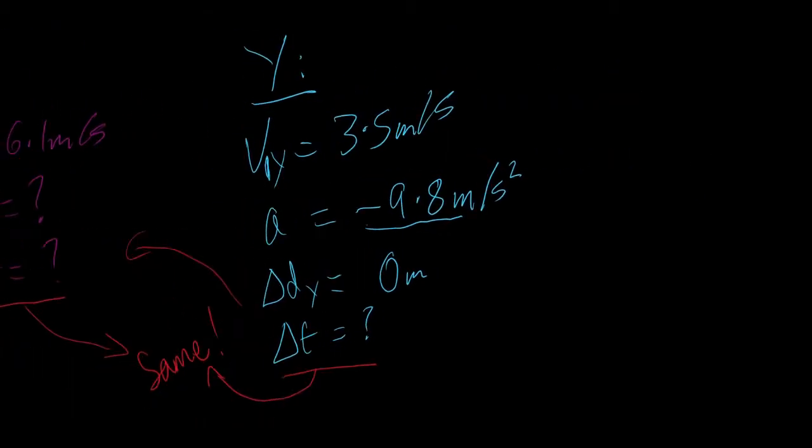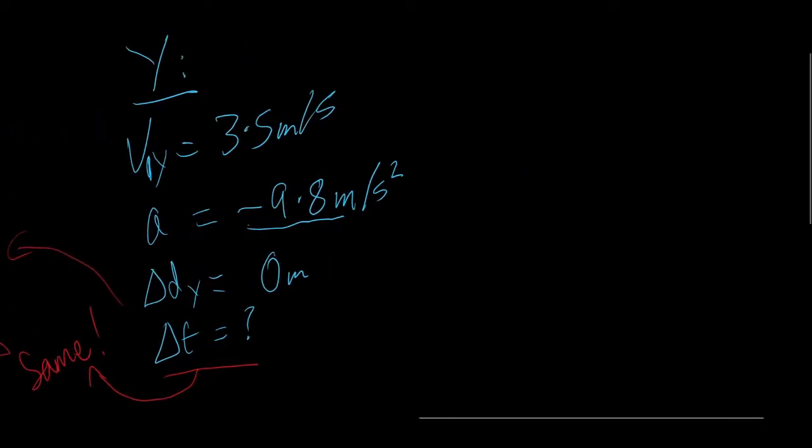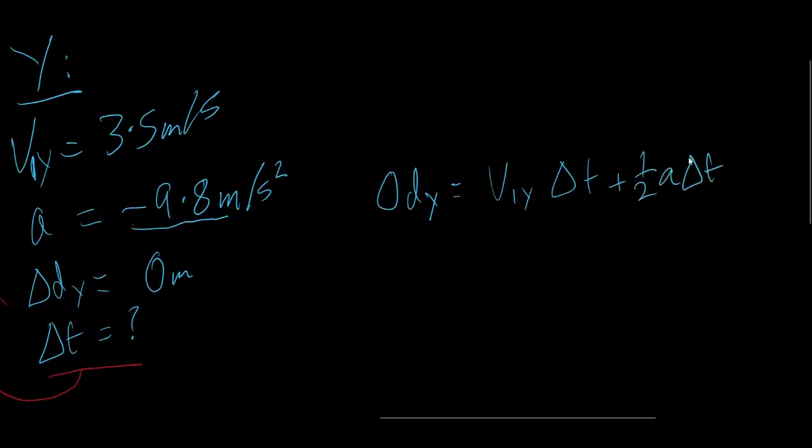So we need the kinematic equation of delta dy equals v1y, your initial velocity, times delta t, plus 1 over 2a delta t squared. Now we know that delta dy is 0, so we can cancel that out.